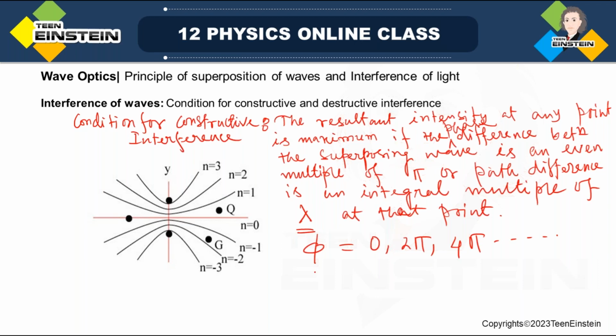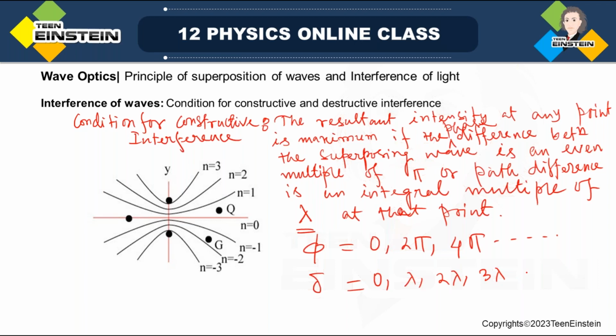Or the path difference delta must be, actually there will be plus minus, so 0 anyway. So if we take 2 pi, minus or plus, whatever it is, on both sides you will see. So this could be 0 or lambda, 2 lambda, 3 lambda.